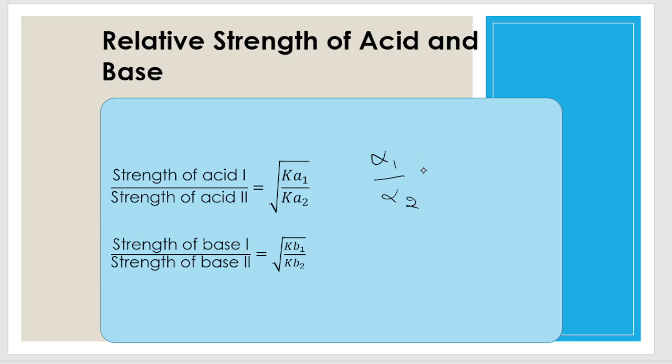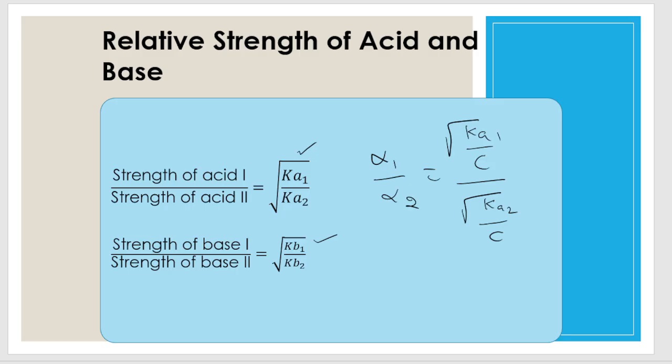Alpha 1 is the square root of Ka1 by C. Alpha 2 is the square root of Ka2 by C. If the concentrations are the same, we can compare the two acids' strength, where the C terms get cancelled out and you get the expression as the square root of Ka1 by Ka2. So with the help of this formula, alpha 1 by alpha 2, you can calculate the relative strength of two acids. If they are bases, it is the square root of Kb1 by Kb2, right?